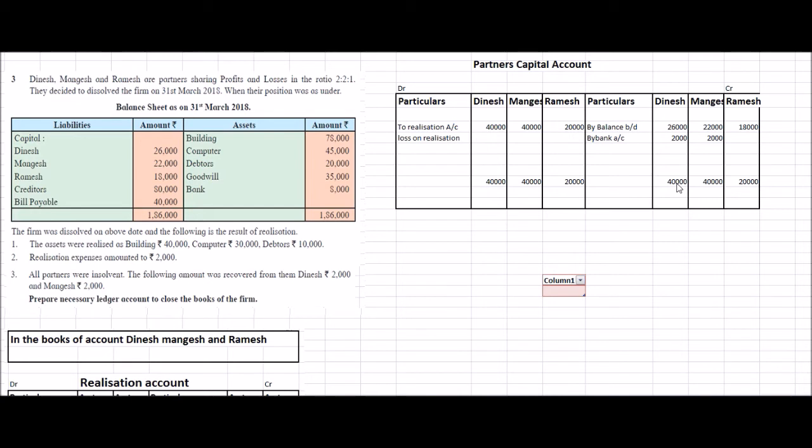So this amount is 40,000 minus 26,000 and 2,000, which is 12,000 rupees. Here 22,000 minus 2,000 is 16,000 rupees. And here it is 2,000 rupees. This will be called by deficiency account, going to the deficiency account.